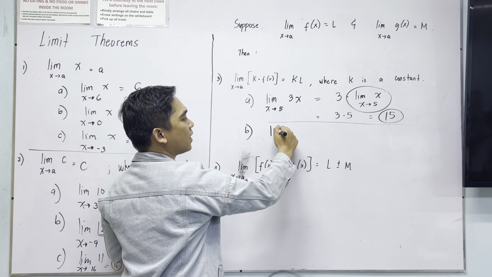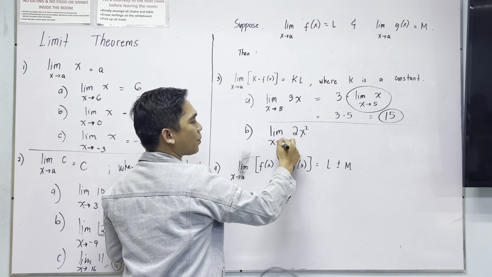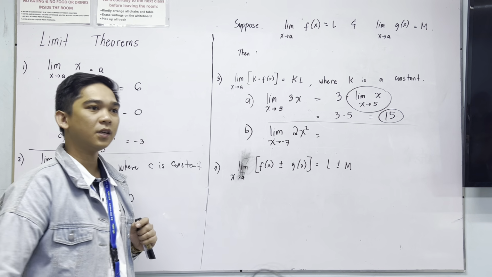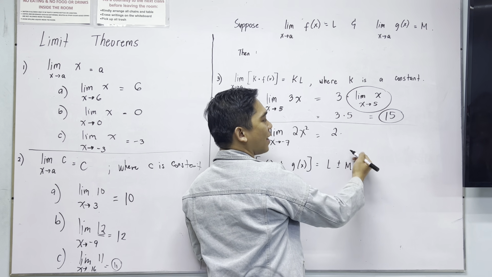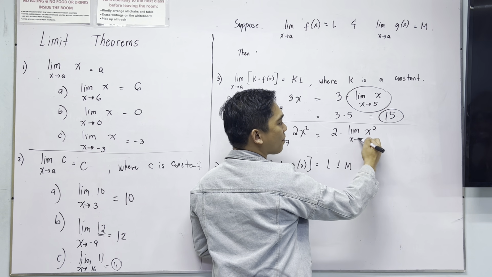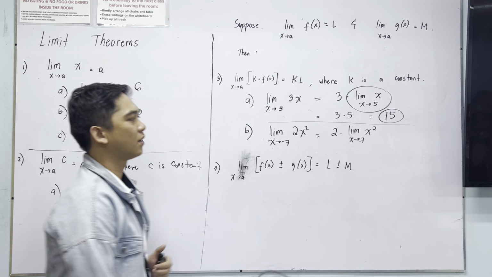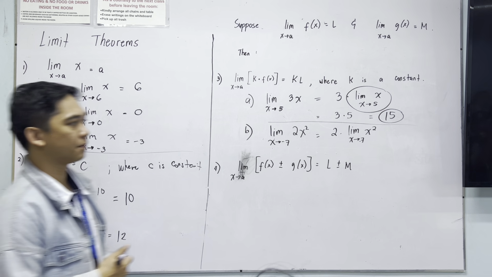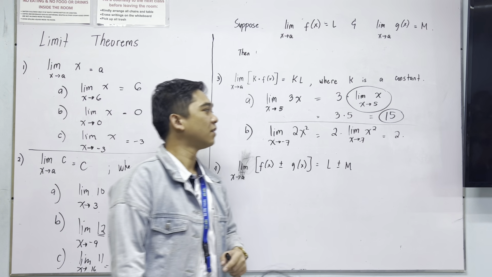Letter B, limit of 2x squared as x approaches negative 7. Paano naman iyan? 2 times 49. So we have 2 times limit of x squared as x approaches negative 7. Negative 7 agad?